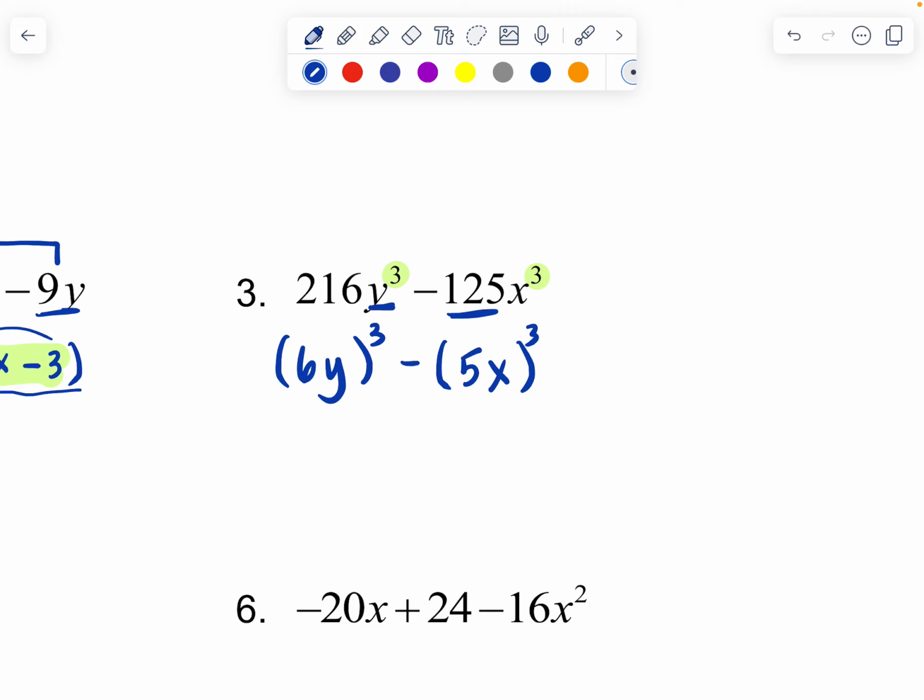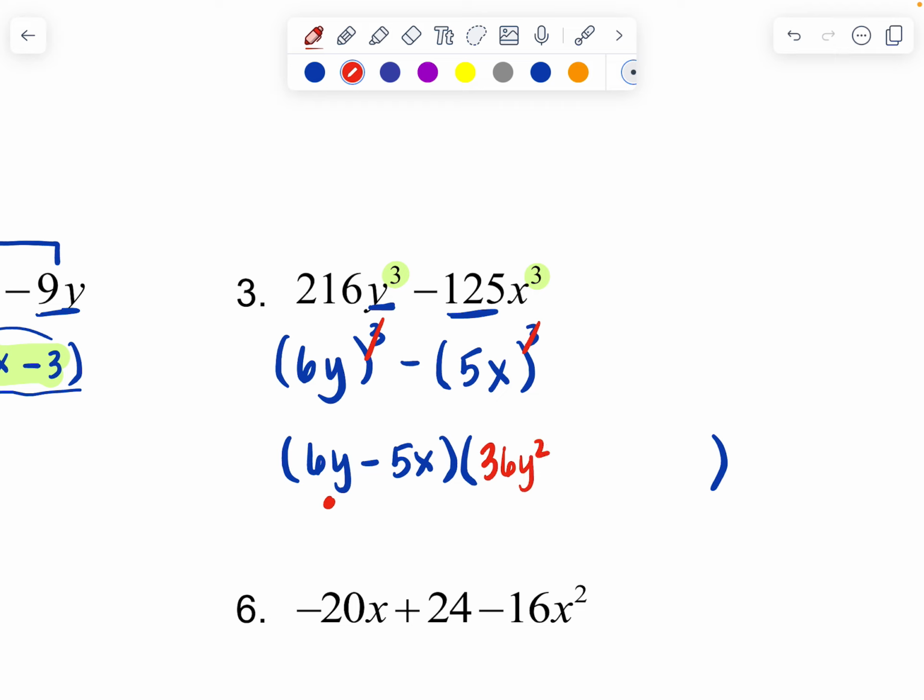Okay, now let's go ahead and construct this. Okay, so you're going to have a little parenthesis and you're going to have a really big parenthesis. To get the first parenthesis, you're just going to cross off these 3's, and what you're left over is 6y minus 5x. Okay, now let's do Mr. Happy Face here. That's your I. What do we do to i's? We square them. 6y times 6y is 36y squared.